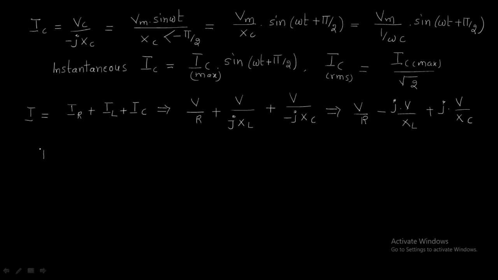The current value is simply IR minus jIL plus jIC. By adding all those things, we will get minus j here and plus j here, because it's a current. So this is about the supply current.